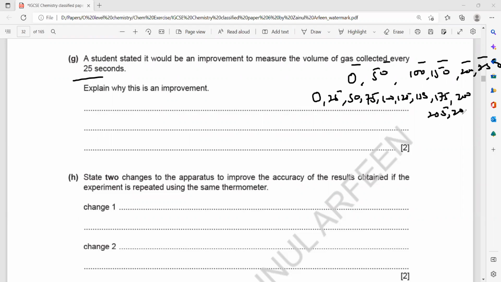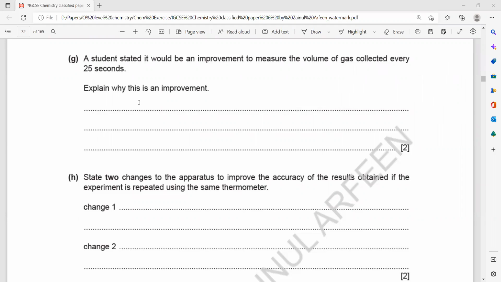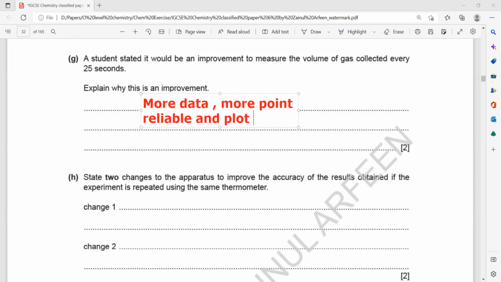So more points will be there. Whenever you're plotting a graph, what is the advantage of more data or more points? It will be reliable, and we can plot a better graph as more points are there.